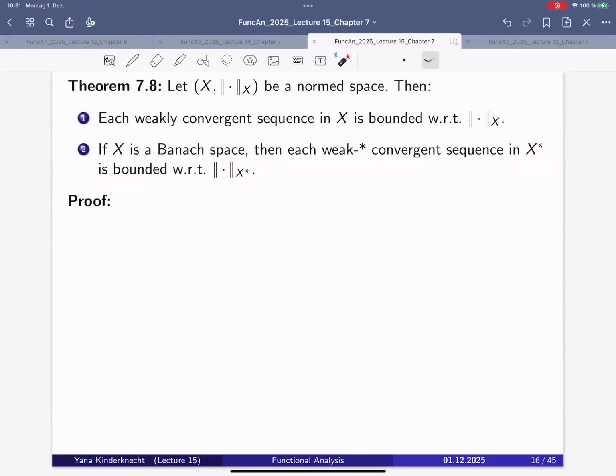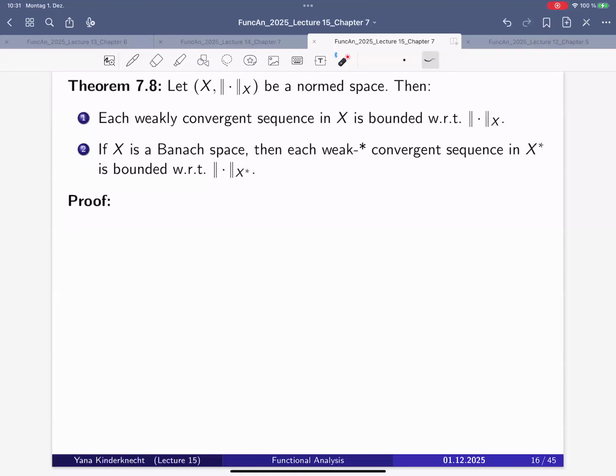So once again, for a normed space, this is also a normed space, we have the strong topology, that is the topology generated by a norm, this one or this one. And we also have weaker topologies, for example, the weak topology or the weak star topology.